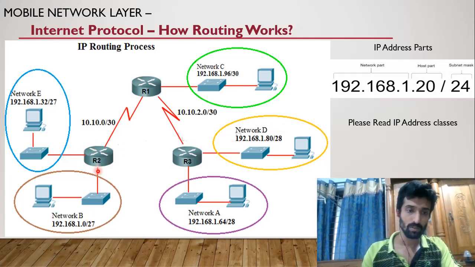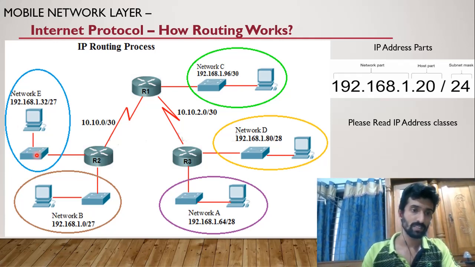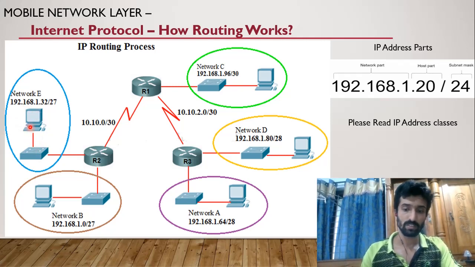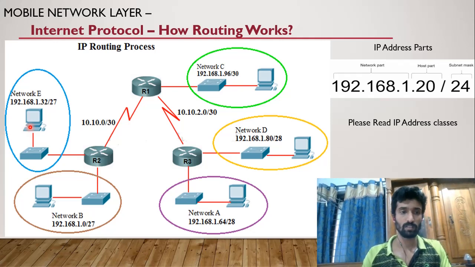So again it looks at the network part, and it will see that this path has to be taken, and this access point is the home agent for this particular machine, and the home agent will transfer the packet to this machine. So this is how, very briefly, internet routing works.